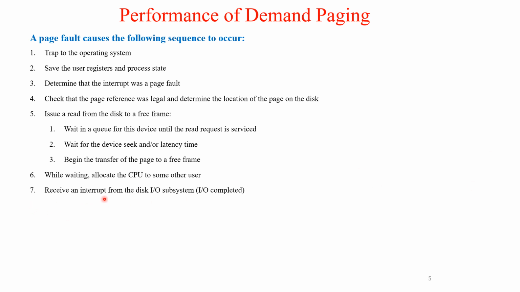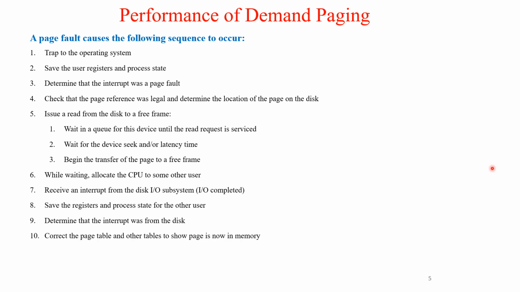Then receive an interrupt from the disk input-output subsystem that the I/O is completed. Again, I will save the registers and the process state for the other user. Then I will determine the interrupt was from the disk. Previously, the interrupt was a page fault. Now the interrupt was from the disk.